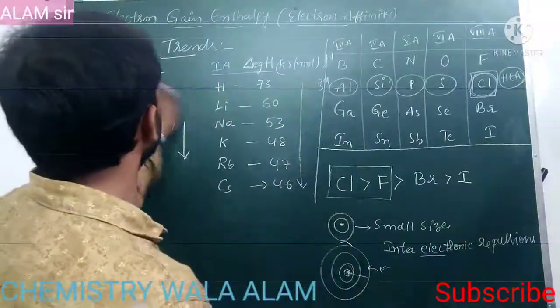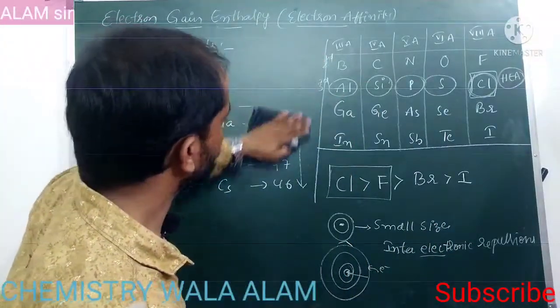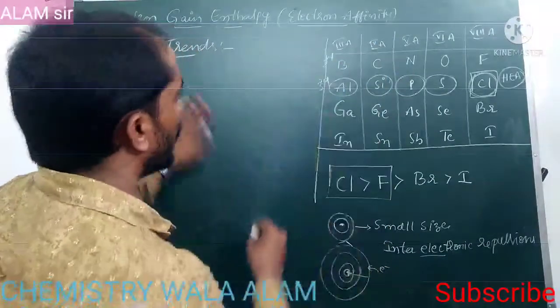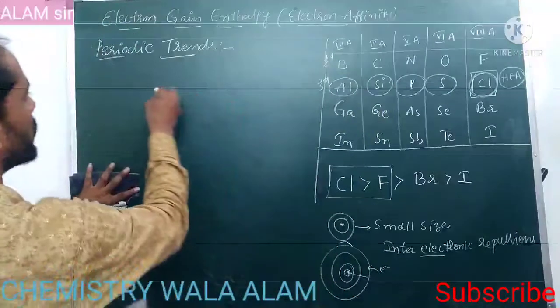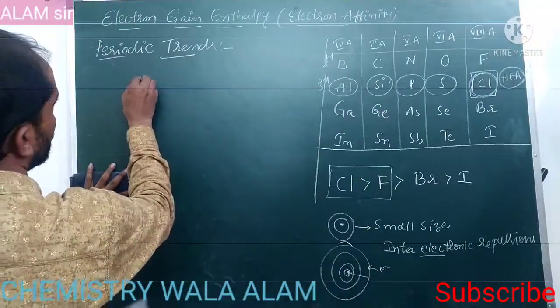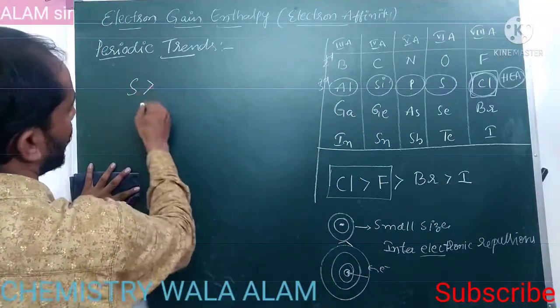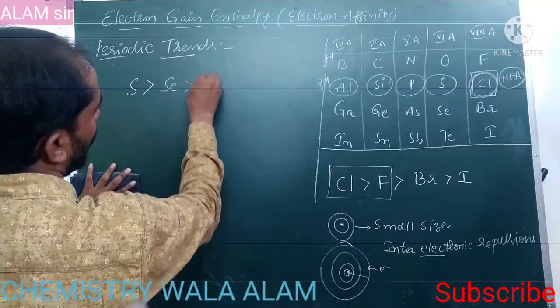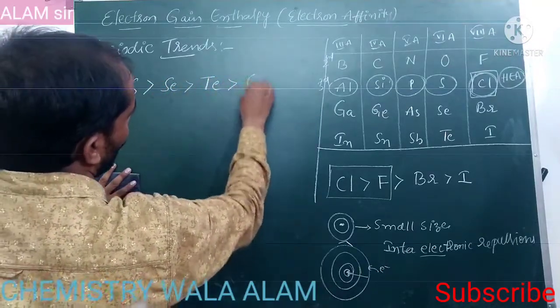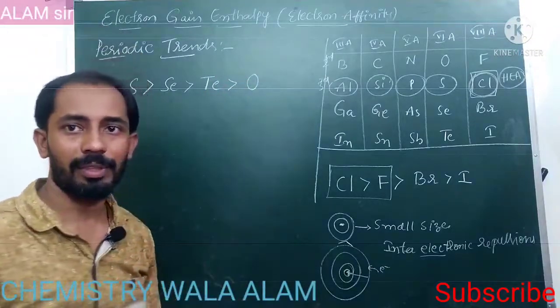Next, if you see the chalcogens, 6th group elements, the first one is sulfur, greater than selenium, greater than tellurium, greater than oxygen.